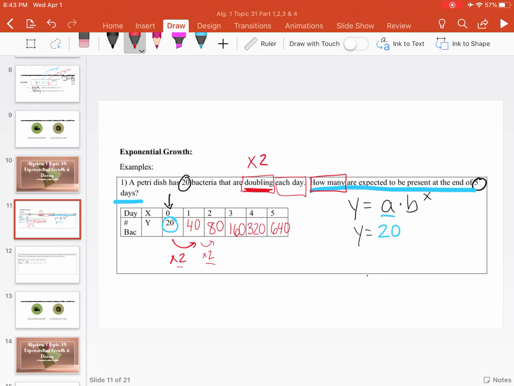Because we're doubling, we're multiplying by 2. And x is the number of times. So here x is going to be our number of days. In this example, we specifically want to know at the end of 5 days, so we're going to plug in 5 for x.